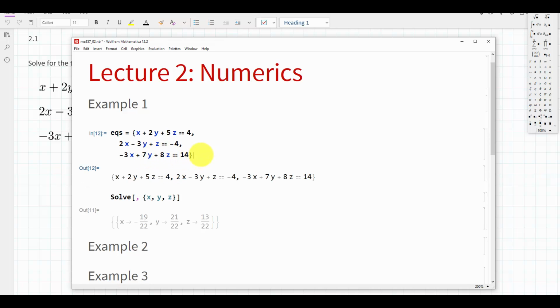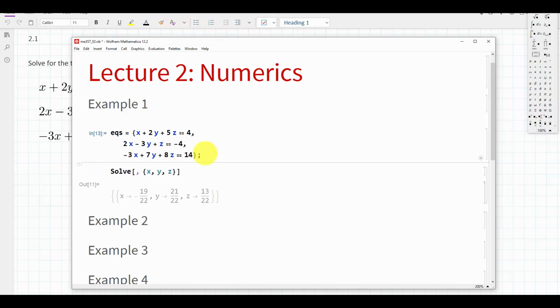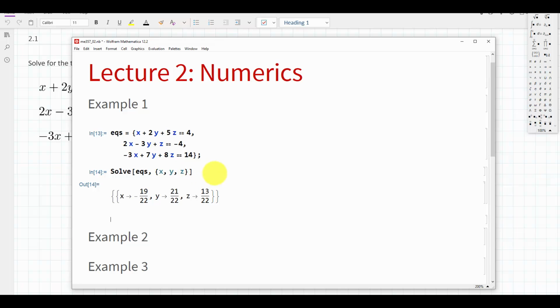Now in Mathematica, if I end with a semicolon, it's not going to show an output. So it's saving this list of equations into variable EQS. And now down here, I can just say Solve variable EQS, which is a list of equations, for x, y, z. And sometimes this is just a little bit more convenient to be writing it this way and then modifying the equations up top.